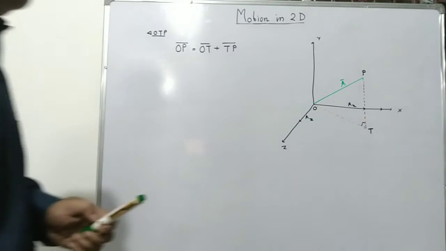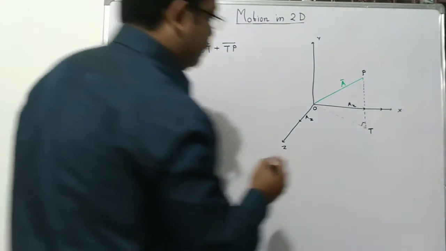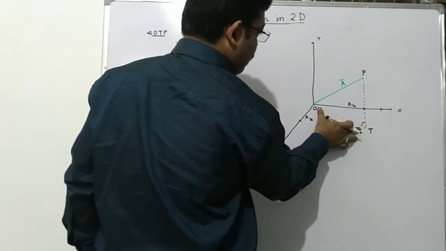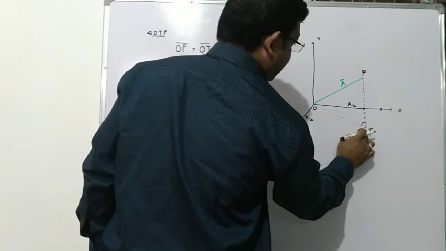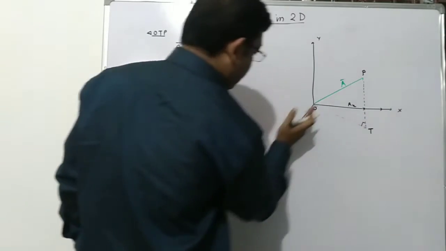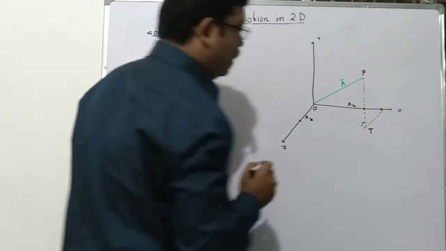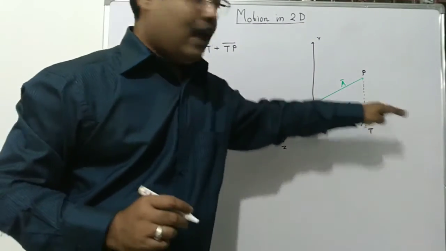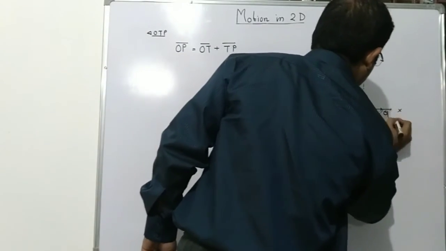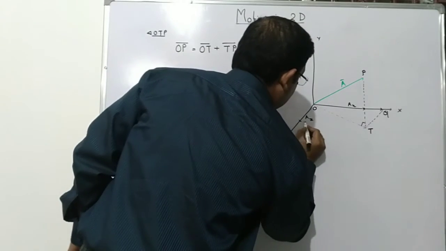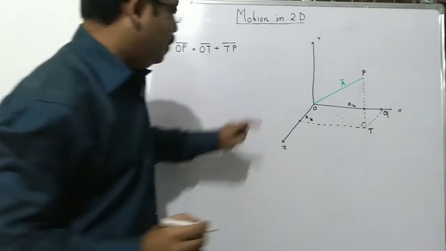Now let's make some more drawings. Let's draw a line from T parallel to the z-axis. That is this line, and this will be perpendicular to the x-axis. Let's say it meets the x-axis at point Q. Similarly, let's draw a line from T to the z-axis.